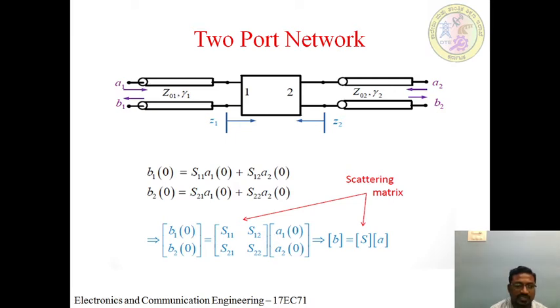It can be written in matrix form, that is, b1 and b2 equal to the matrix S11 S12 S21 S22 multiplied with a1 and a2. In short form, that is B = S A. So this matrix of S11, S12, S21 and S22 is called the scattering matrix.